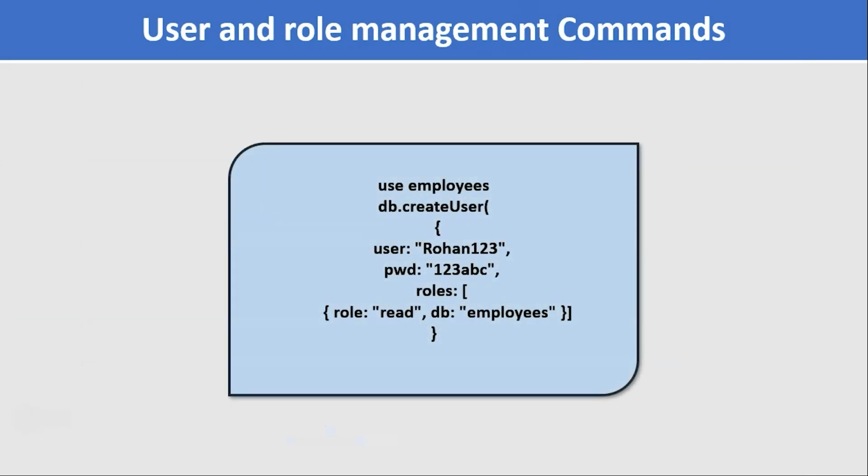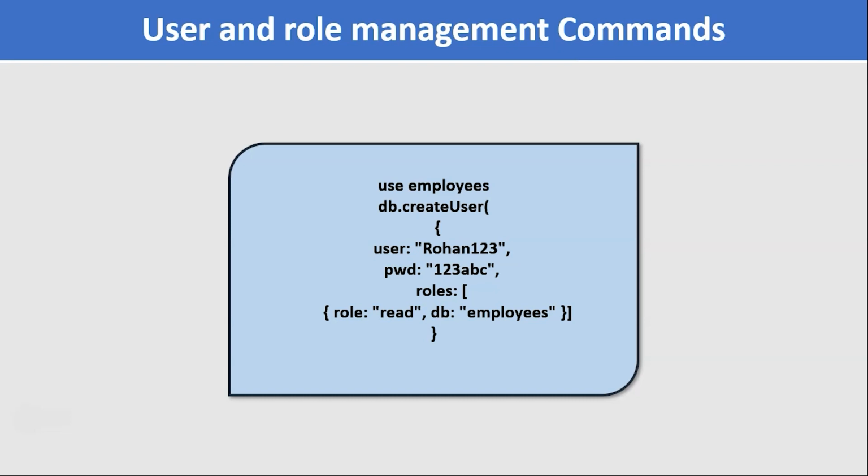But before that, we will just see a simple example where we'll understand how user and role management commands work. Now, I'm using a simple database which is employees, and then I'm creating a user. The syntax is db.createUser, and then I'm giving the username as Rohan123, and the password 123abc.